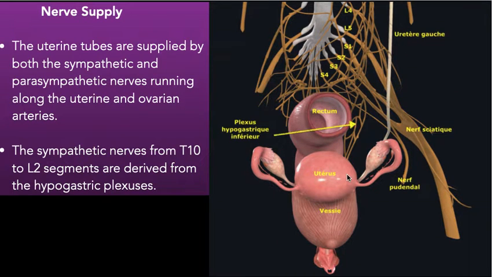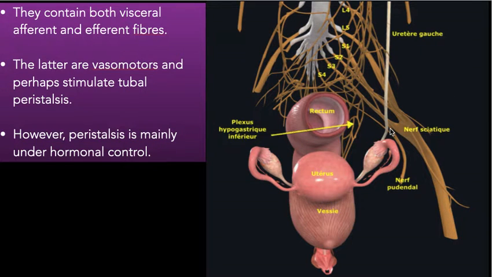The nerve supply. As you can see, the uterine tubes are supplied by both sympathetic and parasympathetic nerves running along the uterine and the ovarian arteries. The sympathetic nerves from T10 to L2 segments are derived from the hypogastric plexus over here. They contain both visceral afferent and efferent fibers. The latter are vasomotor and perhaps stimulate the tubal peristalsis.